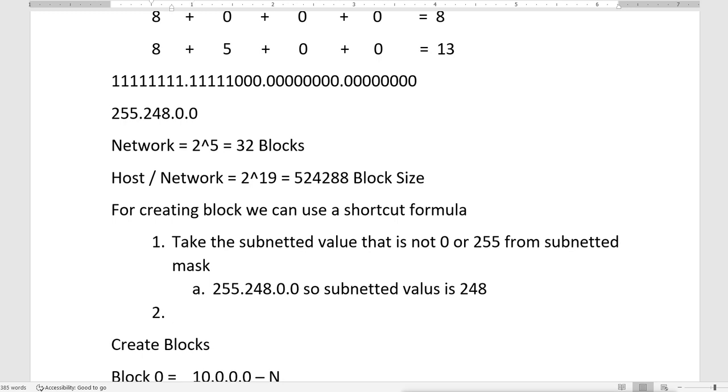Now what I will do is subtract this 248 from 256.